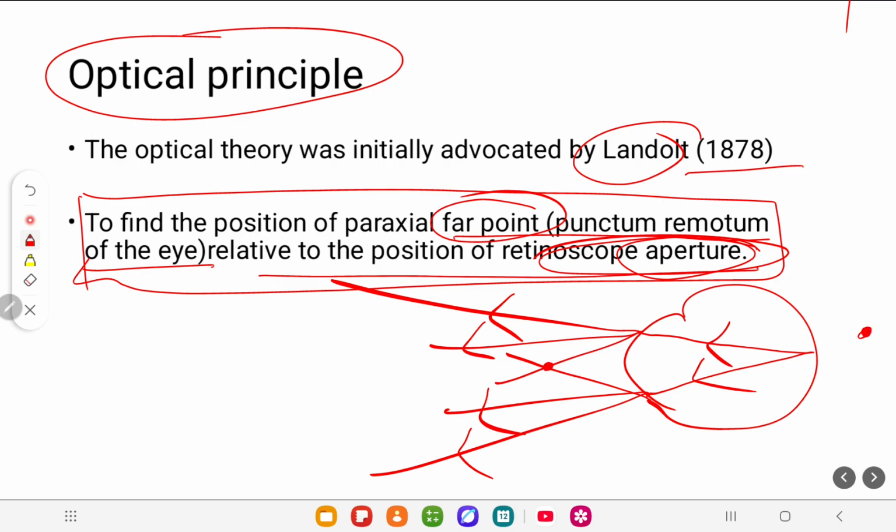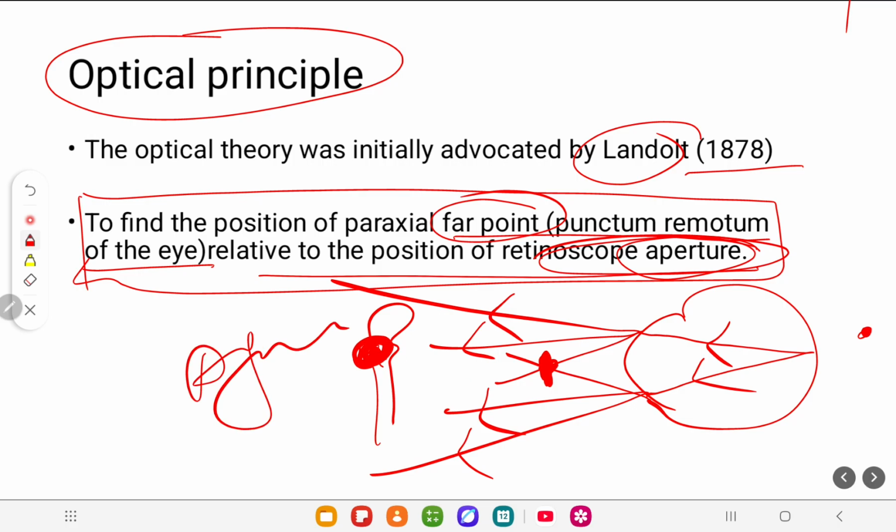In these three cases, whenever we put our retinoscope, this is the retinoscope, then the magic happens. If we put the peephole exactly at the focus, we get neutralization. If the peephole is in front of the focus point, that is the far point of the eye, we will get against motion.